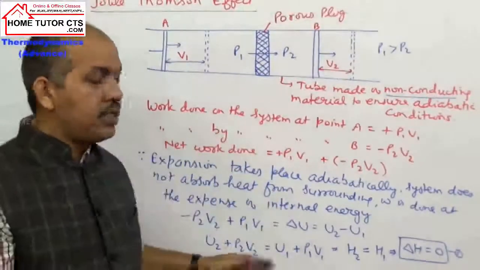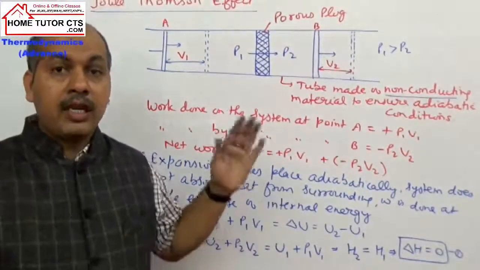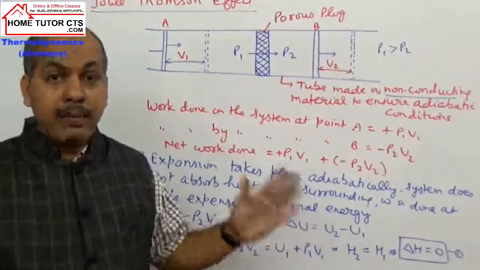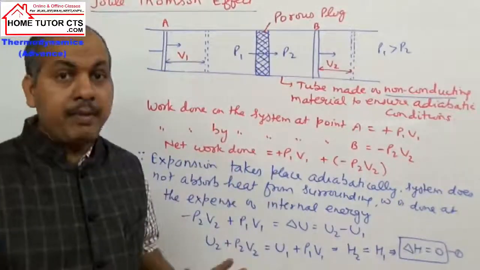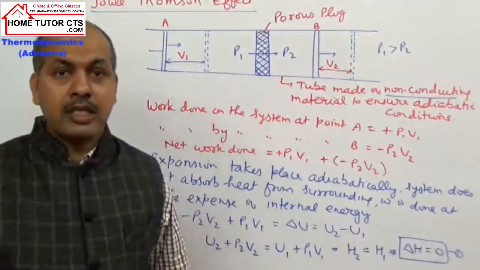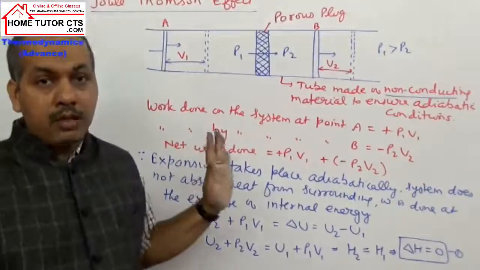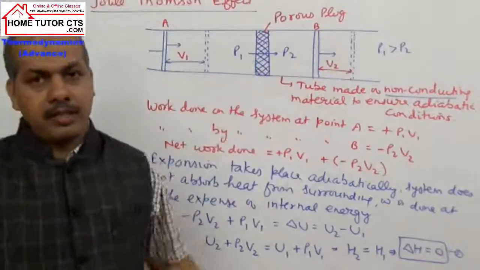You can see from here that the Joule-Thomson effect takes place in iso-enthalpic conditions, meaning enthalpy remains constant. Delta H is 0 means no enthalpy change occurs in the Joule-Thomson effect or this adiabatic expansion.